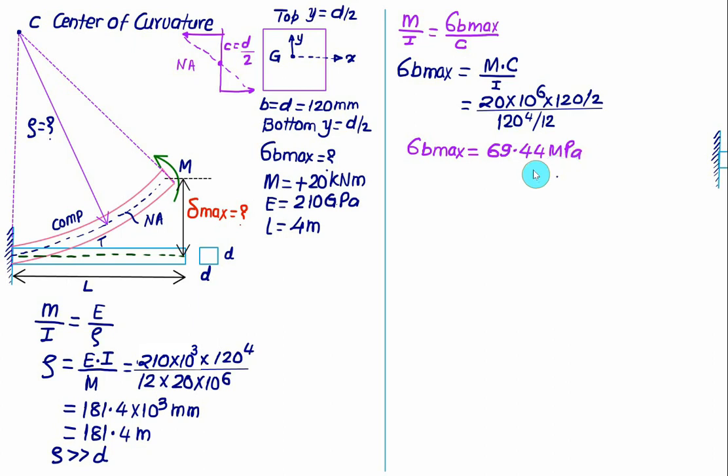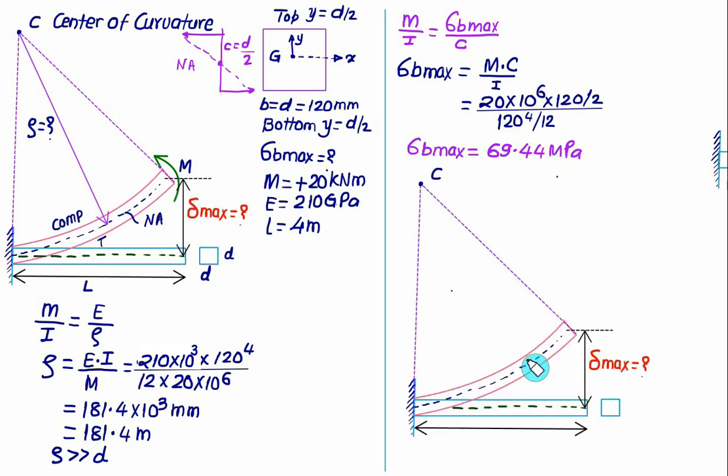One more value we have to calculate is delta max. For that you have to do a little calculation. From C to point A, the radius of curvature is rho, and this one is also a radius of curvature equal to rho.